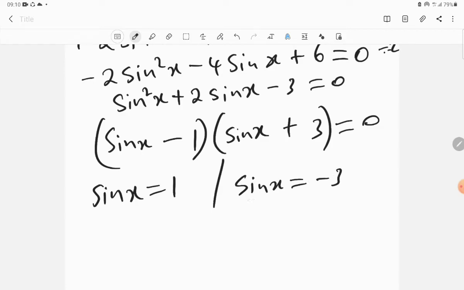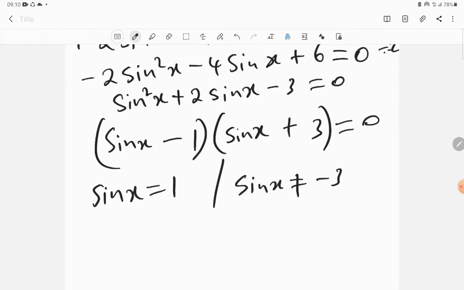But this one on its own is not defined because the range of sine is from negative 1 to positive 1. If it is above 1 or below negative 1, it's not going to be a solution. So sine x can never be equal to 3.